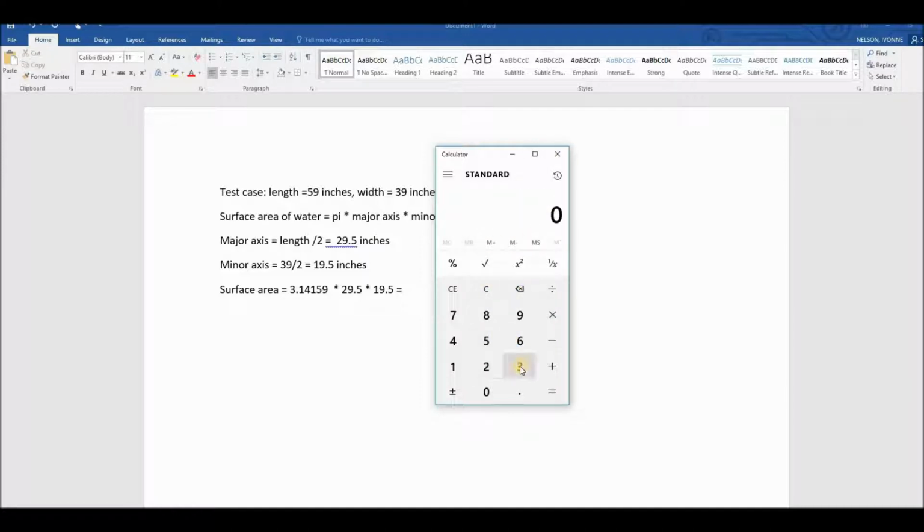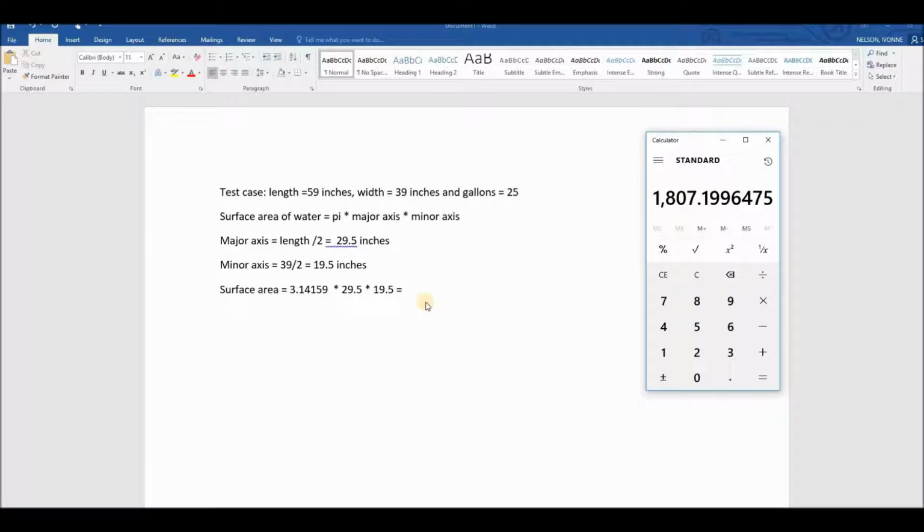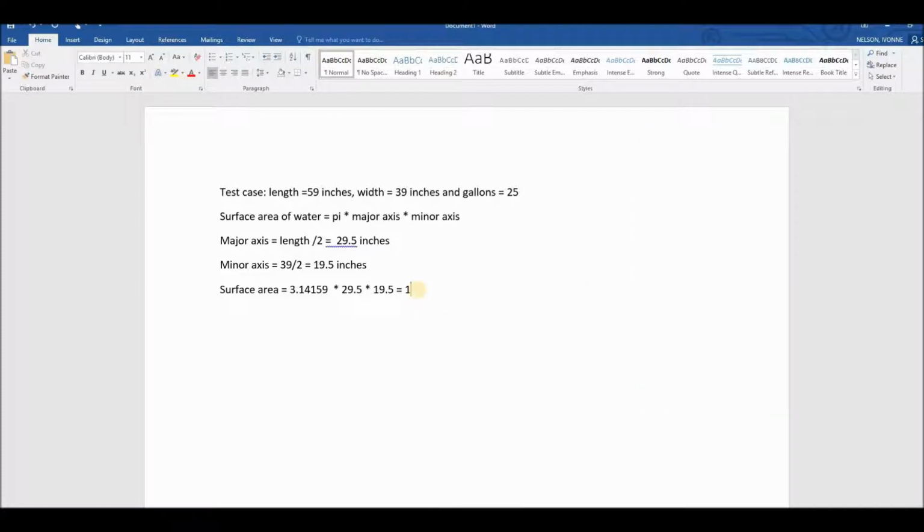Start over. 3.14159 times 29.5 times 19.5. That's 1807.2 square inches, because that is an area.